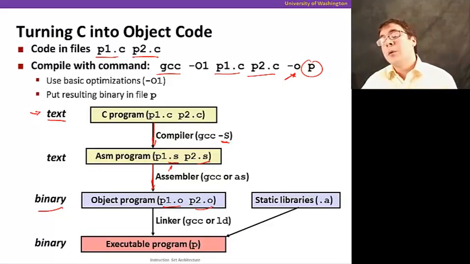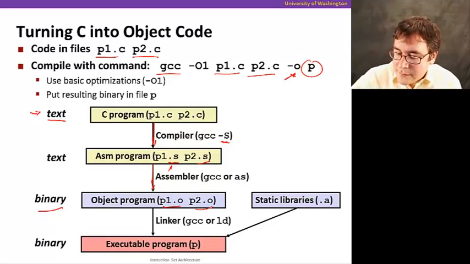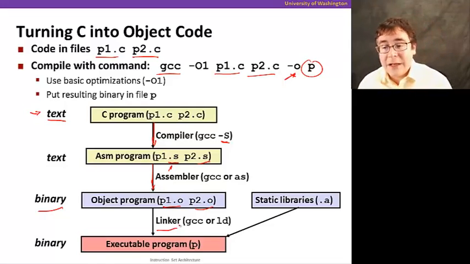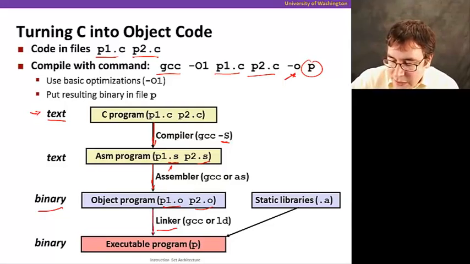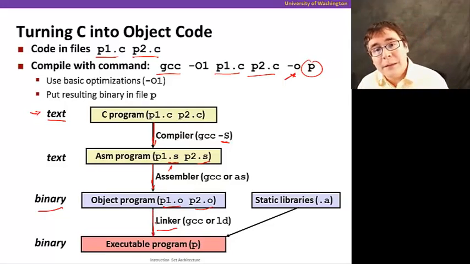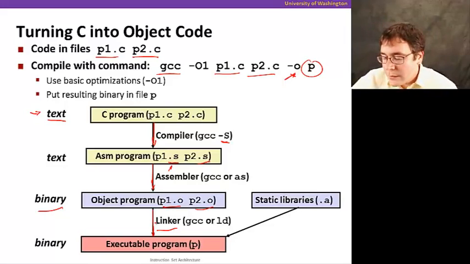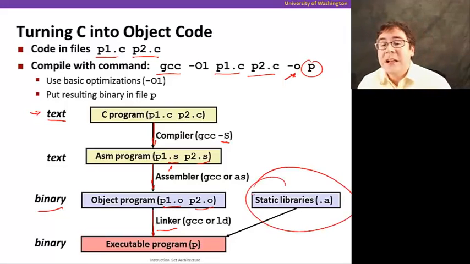And then the final step is something called the linker. What it does is get the object code that has some symbolic names in it and link it with libraries. And what are libraries? Libraries are essentially a collection of precompiled code that's available for use in user code. For example, things like printing values on the screen, accessing operating system services, and so on.